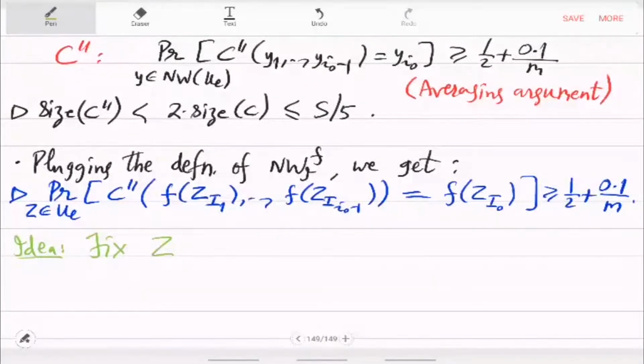Okay, that's the idea. So let's fix L minus I0 substring such that the above probability is retained.